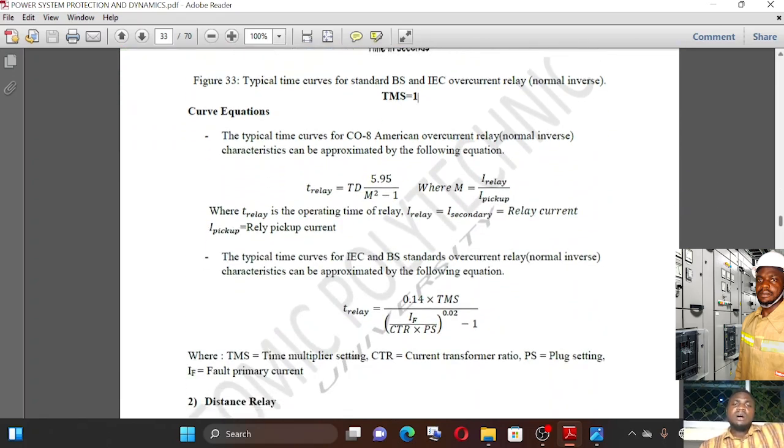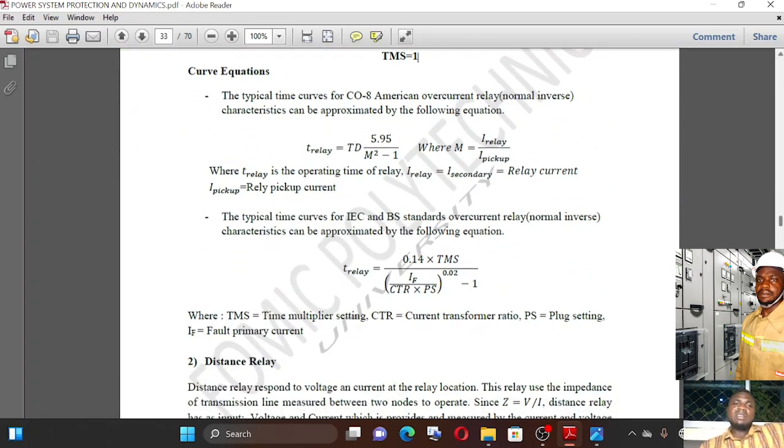And this operating time here can also be determined not only from the curve, but from the equations. These equations here are the equations relating to those curves.